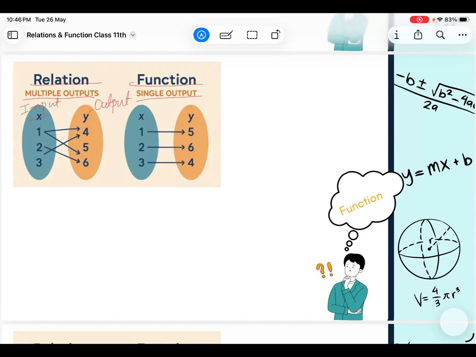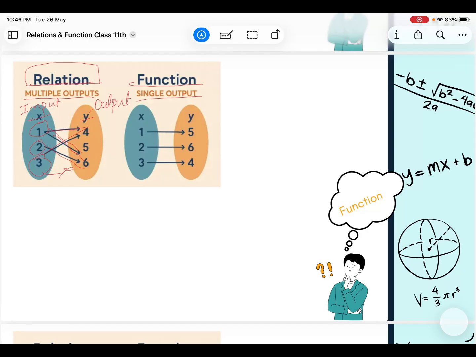If you put 1 as input, you will get 4 and 6. If you put 2, you will get 4 and 6. If you put 3, you will get nothing. So this is the relation world.